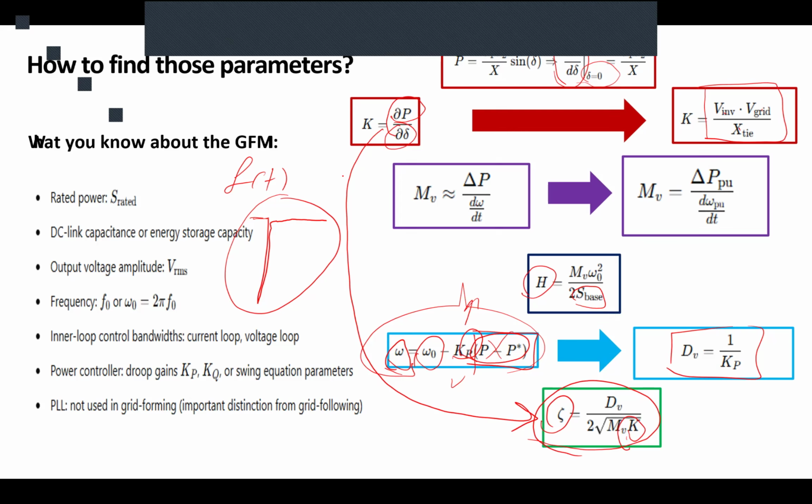Using Fourier series, you can represent this as the summation of a n cosine of n omega t plus some theta plus b n sine of n omega t plus theta, right?